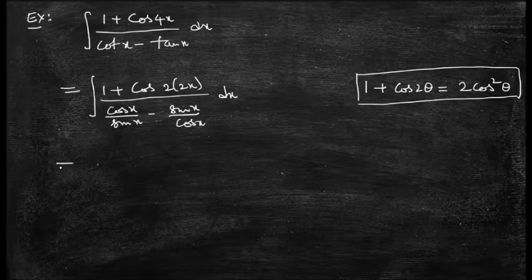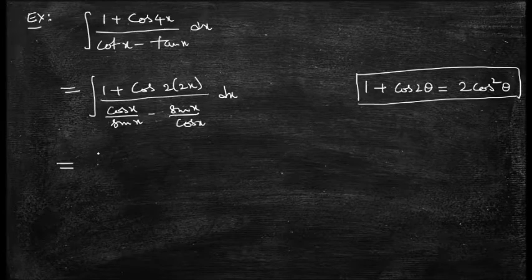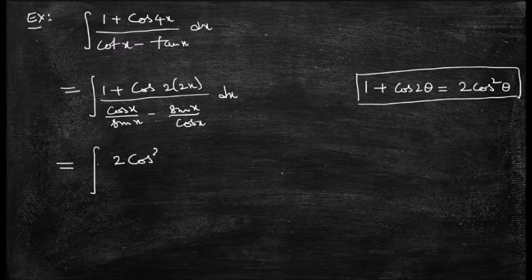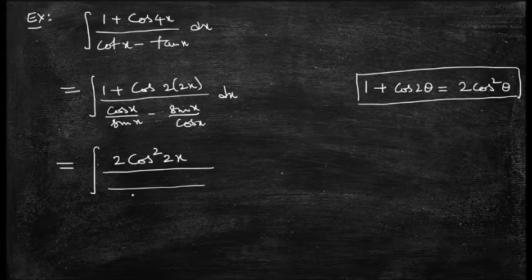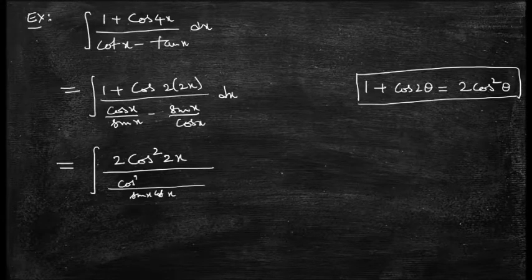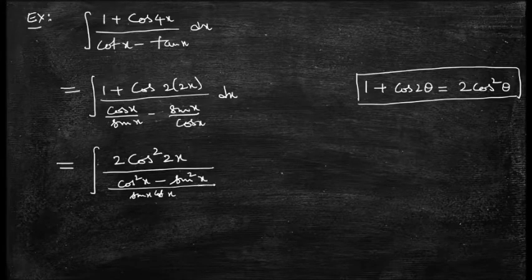Now if you apply this identity, 1 plus cos 2 theta, I can reduce it to the form 2 cos square 2x by, taking the LCM of the denominator, sin x cos x, so cos square x minus sin square x dx.